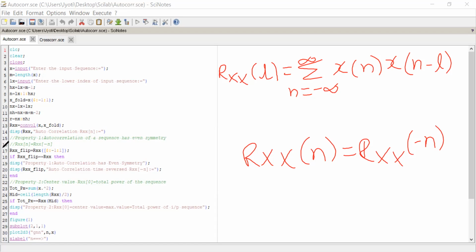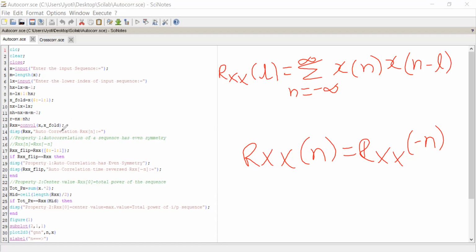Next, the second property is the center value of Rxx, that is Rxx of 0. That should be equal to the total power of the sequence. You already calculated the Rxx values.